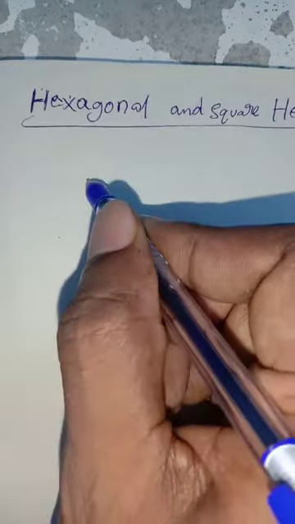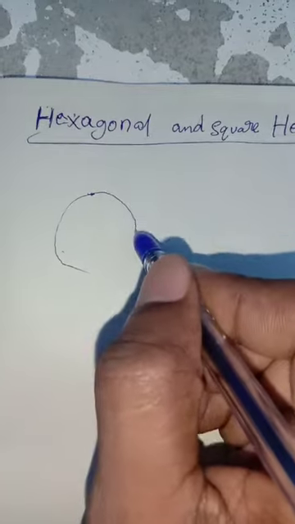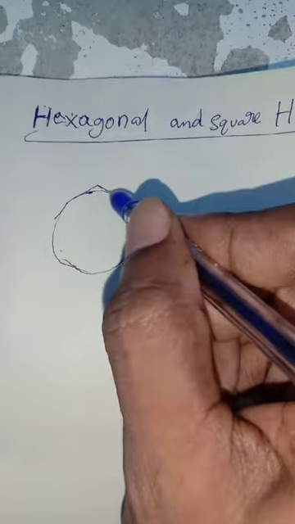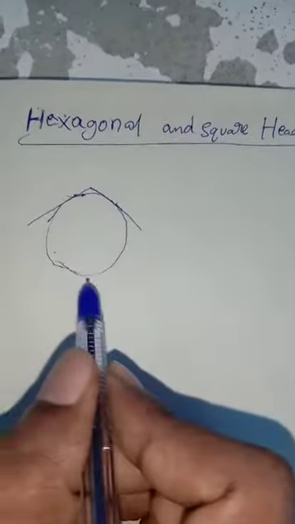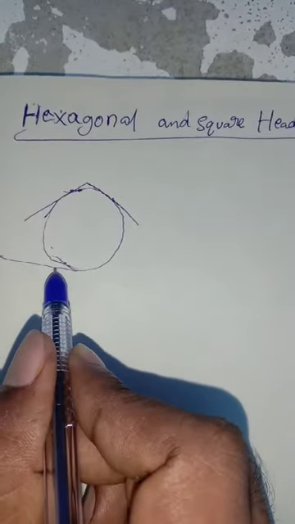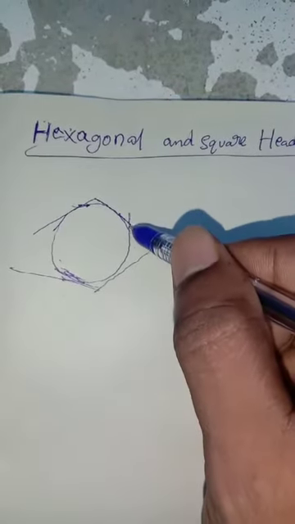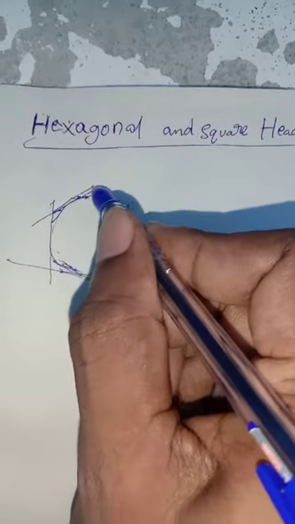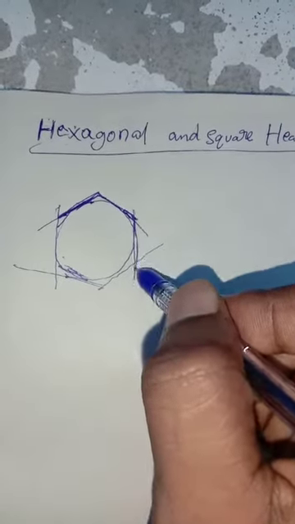Now I will show you. I am going to take one hexagon. We know very well how to create a hexagon. Then this is the surface. You can take it like this. You can touch this. Draw this one highlighted.